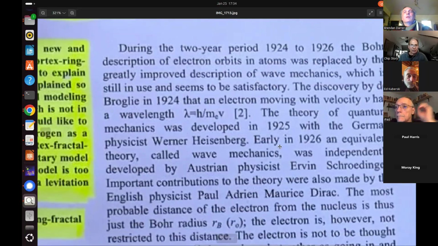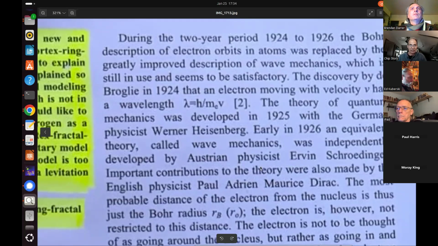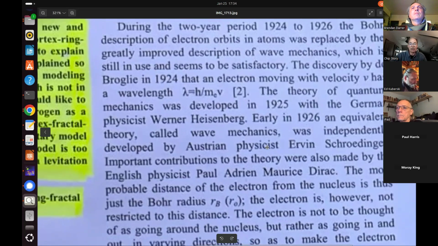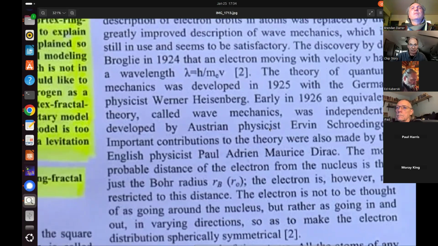During the 2-year period from 1924 to 1926, the Bohr description of electron orbits in atoms was replaced by the greatly improved description of wave mechanics, which is still in use and seems to be satisfactory. The discovery of de Broglie in 1924 that an electron moving with a velocity v has a wavelength lambda equals h over mv.